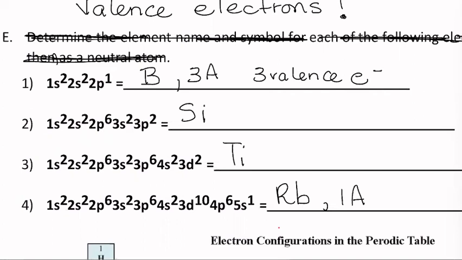Why? Because these 3 valence electrons are in the outermost shell, and the outermost is the largest digit in the period value.